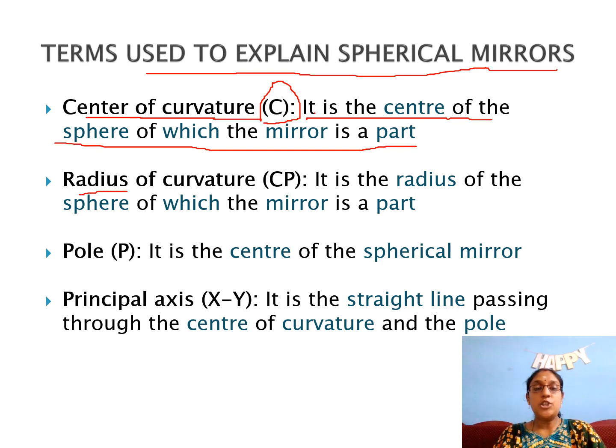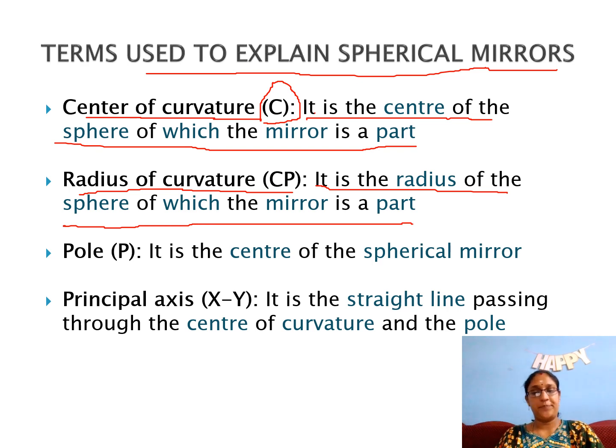What is the radius of curvature? That is represented by the letters CP. It is the radius of the sphere of which the mirror is a part. The center of the sphere is the center of curvature, and the radius of curvature will be a radius of the sphere.